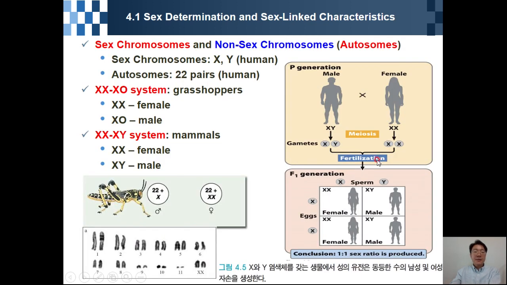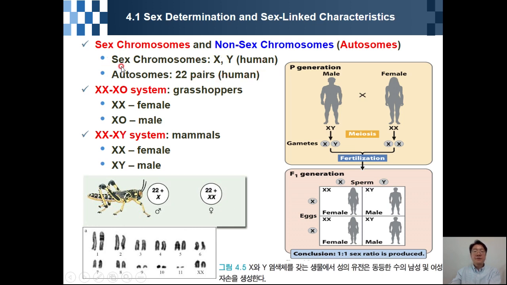Okay, so in this slide we will learn about sex chromosomes and non-sex chromosomes. We call a non-sex chromosome an autosome. In Korean we call it 상염색체. And the sex chromosome we call 성염색체. This is an example of human.